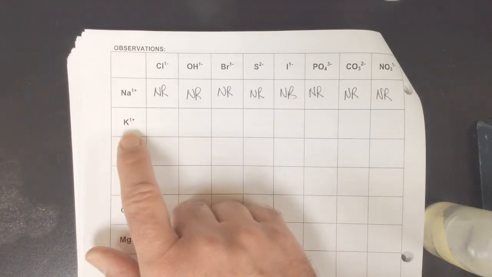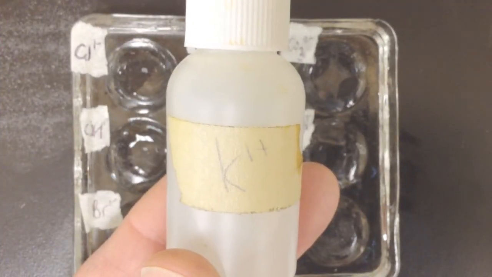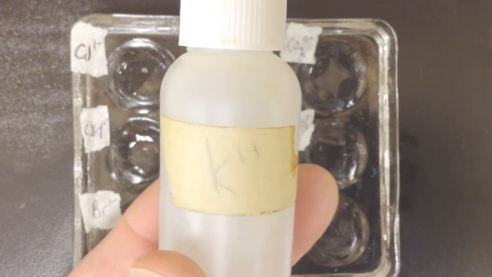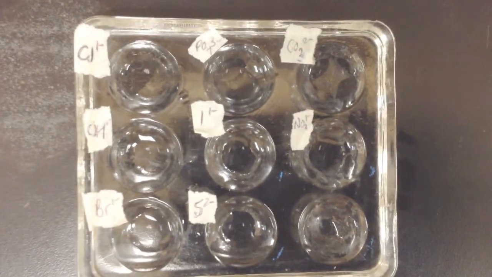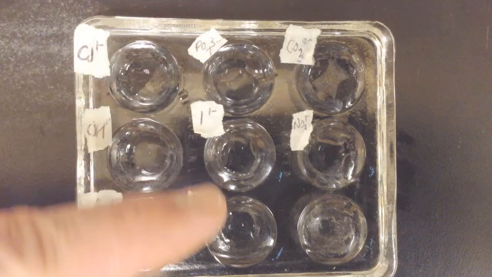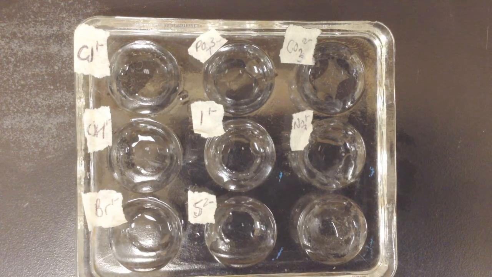Okay, let's move on to potassium. All right, I've done the reaction with potassium here. I've pre-done all of this off camera just for the sake of time. You can see here we have no reaction between the potassium and any of the anions that are here. So potassium cation doesn't form a precipitate with any of these anions.